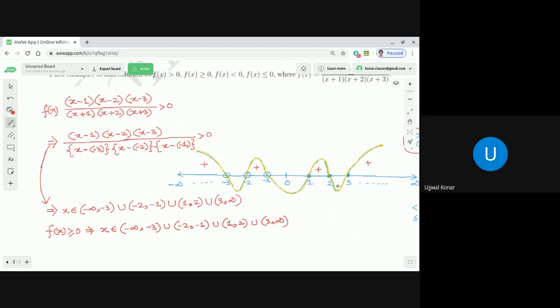That is the points 1, 2, 3, no, dear students? So instead of an open interval, I am going to write a closed interval at 1. And 2 is also like this. I will eradicate the open interval and place the closed interval.